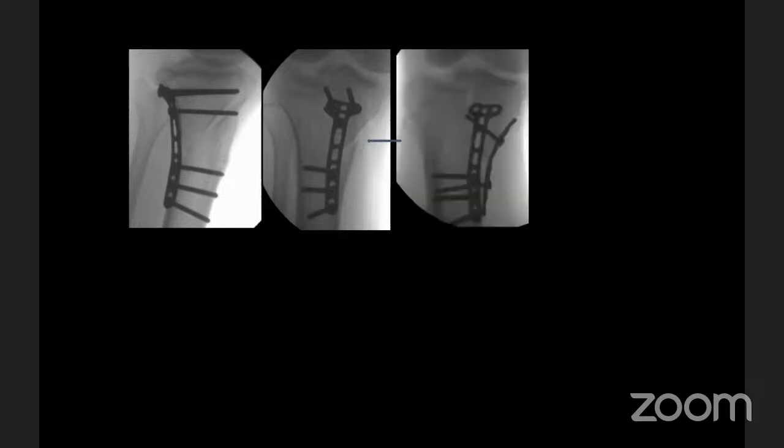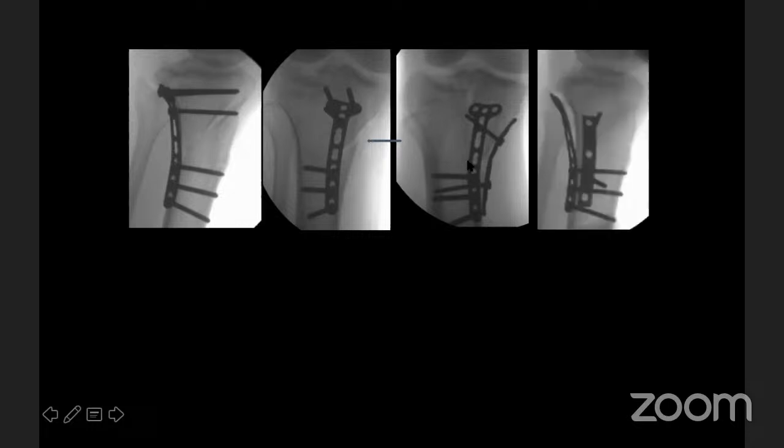I learned from this case. Then I removed the proximal screws and put a medial plate and got the reduction. See, I got the reduction on the medial side. Right? Now I was in the lateral view. What happens? The plate is off. Because I picked up the screws and pulled the medial condyle, it has rotated and gone into varus.